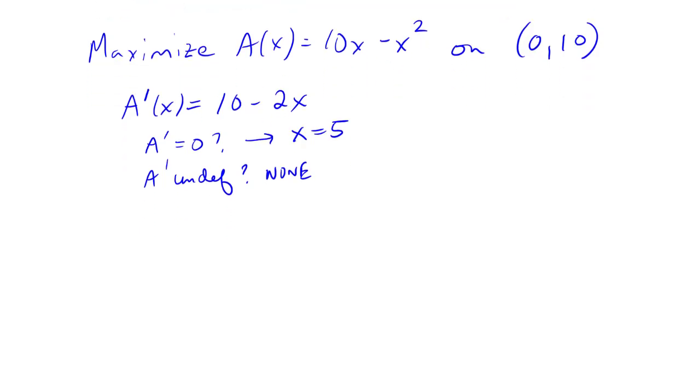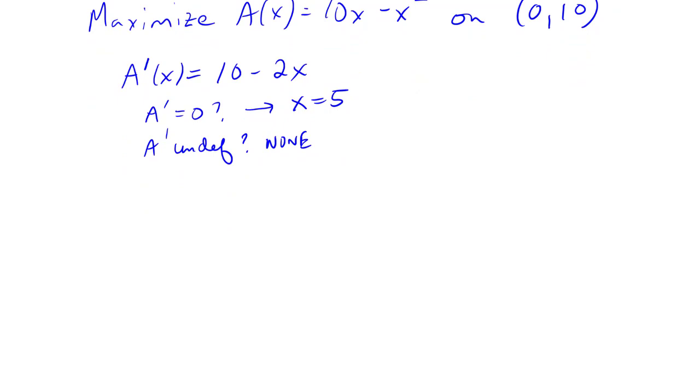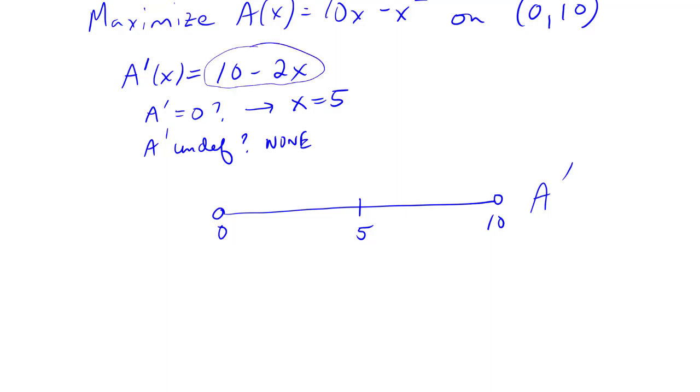Okay? So now I want to think about what values I'm allowed. So normally I would make a number chart for A prime, but this time it's going to be a little abbreviated because, again, I can only go from 0 to 10, not including them. So I'm going to put open circles there. And then I'm going to put 5 in the middle of there. All right. And so if I want to know what's happening to A, I look at A prime and its sign. So now if I go back here and I put some values in. So if I put 1 in, then I obviously see that the derivative is positive.